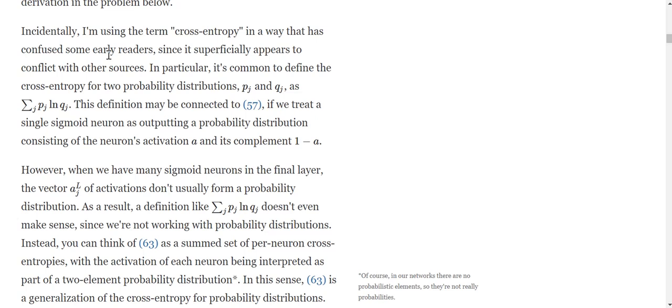In particular, it's common to define the cross entropy for two particular probability distributions, Pj and Qj, as this. This definition may be connected to equation 57 if we treat a single sigmoid neuron as outputting a probability distribution consisting of the neuron's activation a and its complement 1 minus a. Okay. So what he's trying to say is, if you studied probability distributions, then you might remember the definition of cross entropy from there.